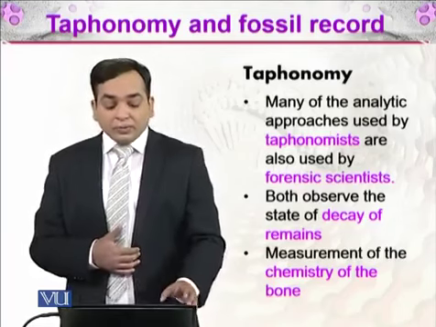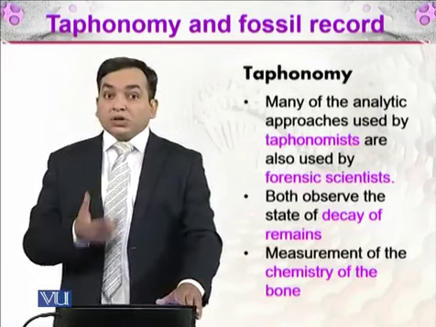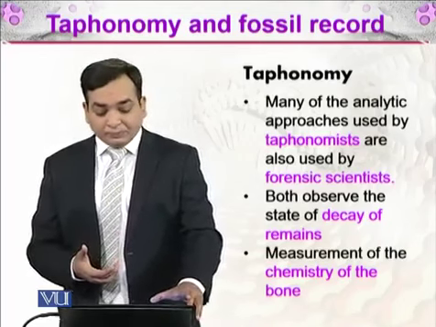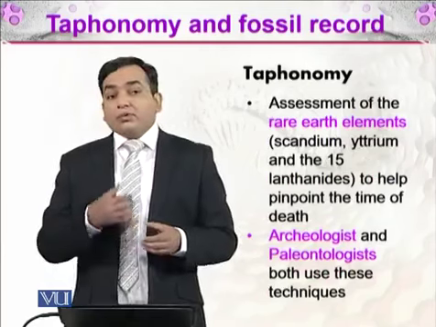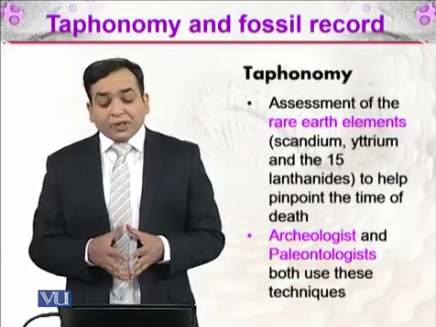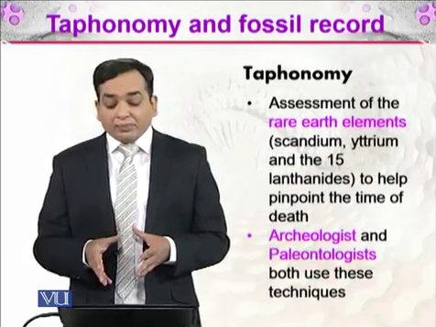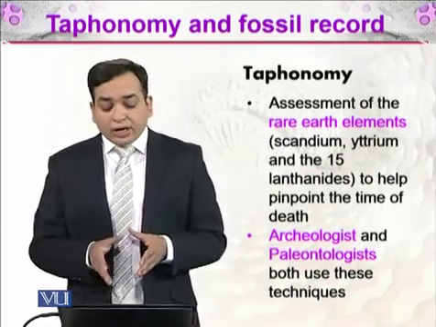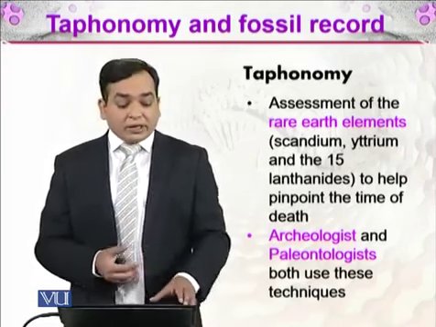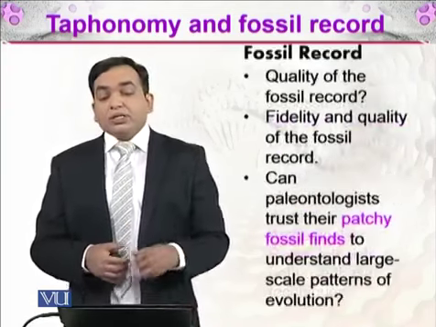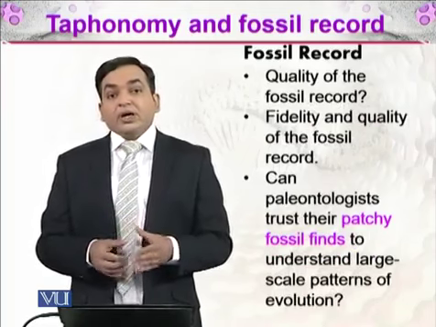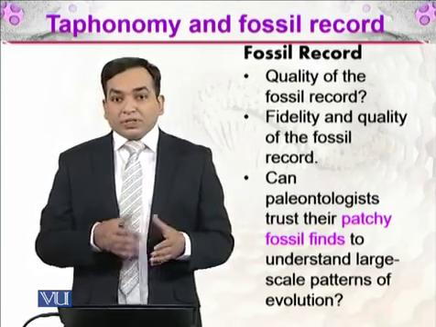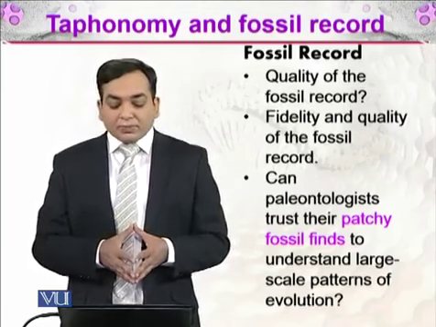So is the case for the taphonomist, as most of the fossils that we have today are bone in nature. How do they do that? They assess rare earth elements such as scandium, yttrium, and 15 other lanthanides. Archaeologists and paleontologists use these techniques to assess what happened after that organism died and the preservation or fossilization took place.